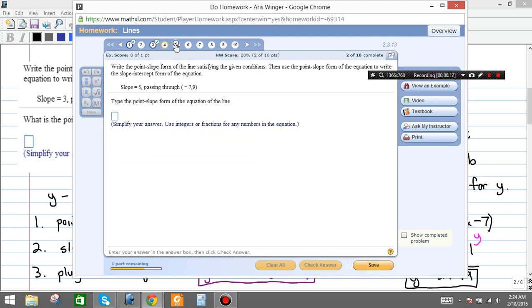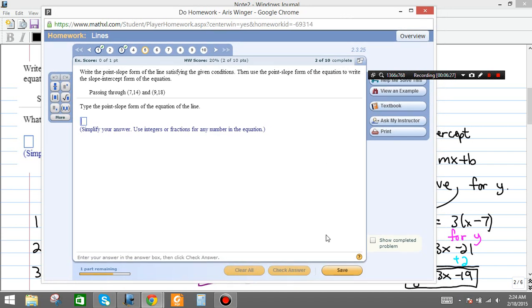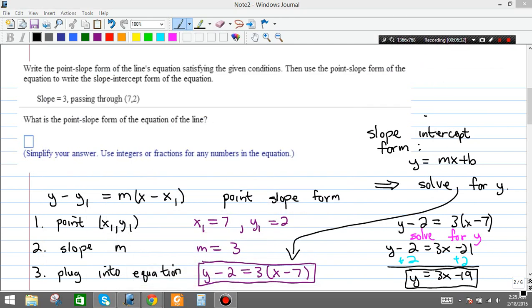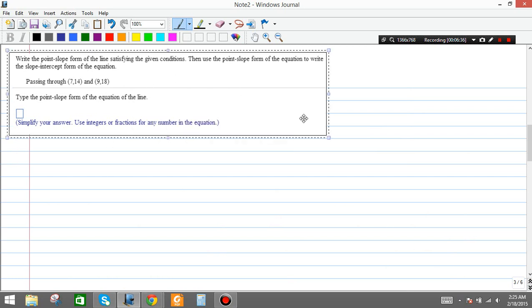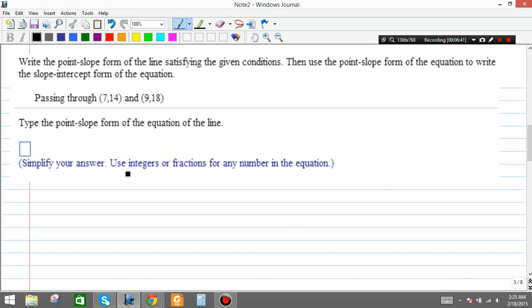Similar question. Okay. So now it says write the point slope form of the line satisfying the given conditions. Use the point slope form of the equation to write the slope intercept form of the equation. So the question is phrased almost identically. Nothing has changed about our method of operation, right?